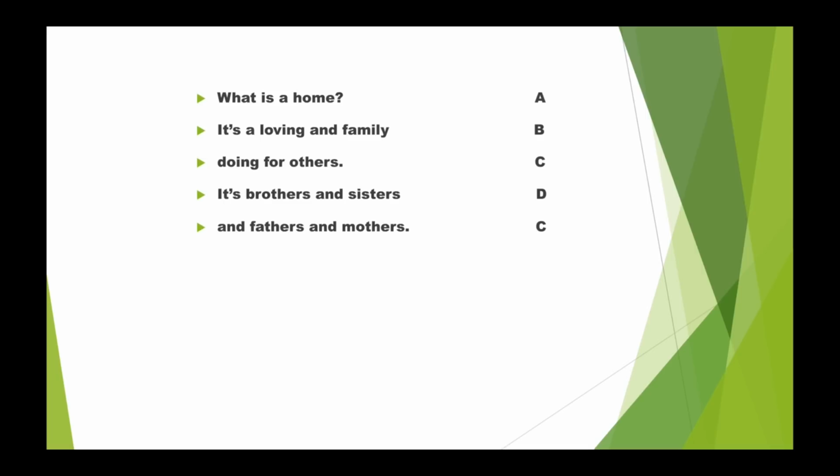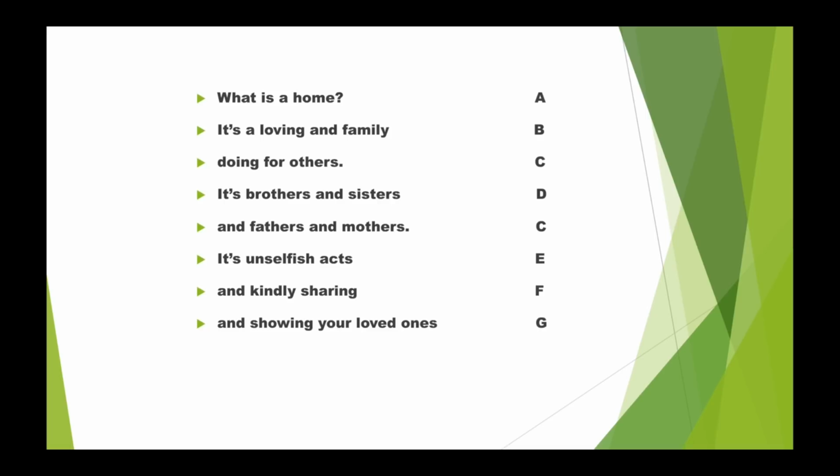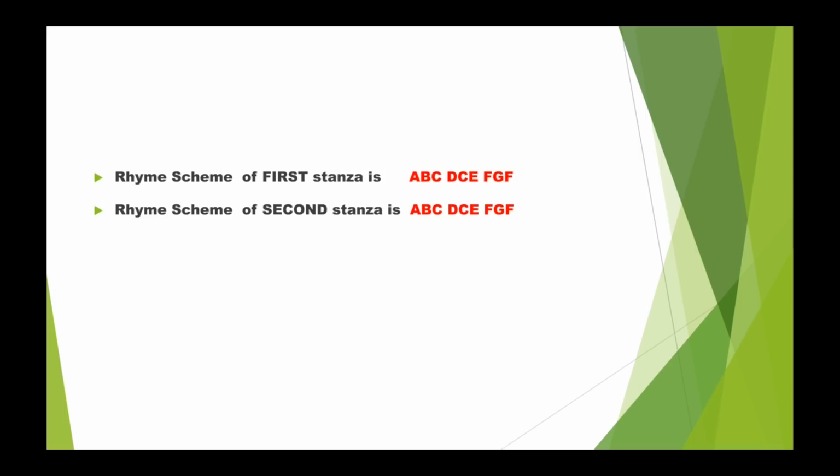C. Because mothers is rhyming with others. So C. It's unselfish acts. E. And kindly sharing. F. And showing your loved ones. G. You are always caring. F. Why? Because caring is rhyming with sharing.